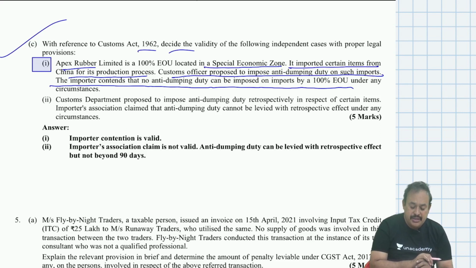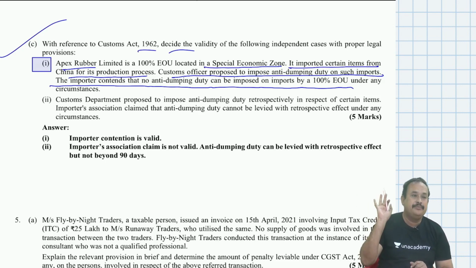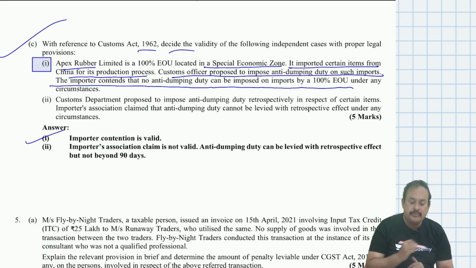My dear friends, the goods are imported by an EOU free from all duties and taxes, which includes anti-dumping duty also, provided the EOU does not supply the goods after importation without payment of duties to the domestic tariff area. Therefore, from the given point of view, the importer's claim is valid.